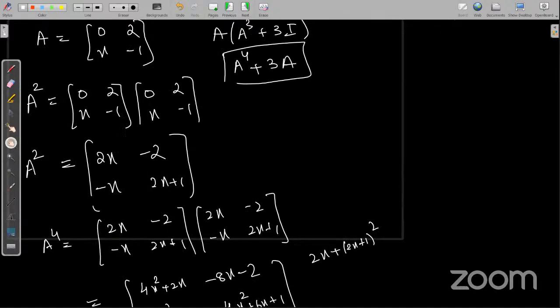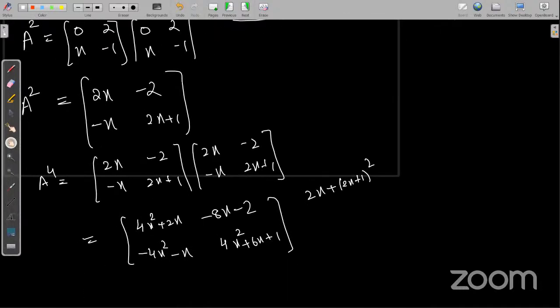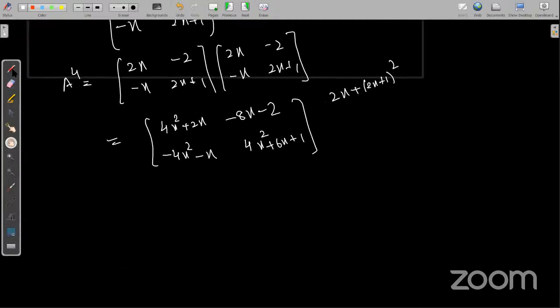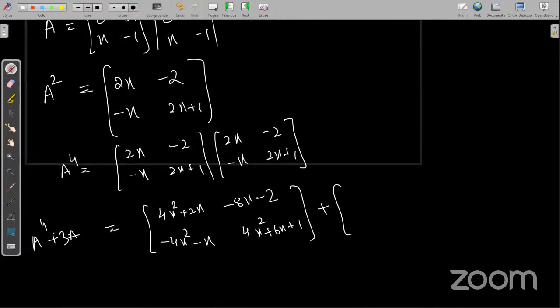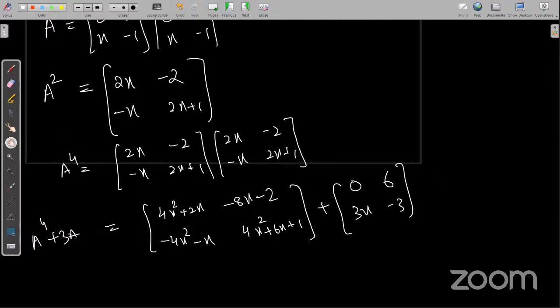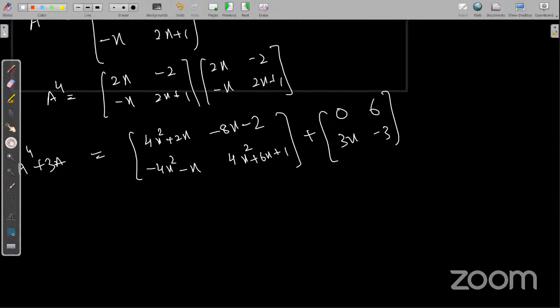Now A^4 plus 3A. Here itself I'm writing it. What is 3 into A, guys? What is A? First of all, [0, 2; x, -1]. So it is [0, 6; 3x, -3]. Okay, this is what we got. So come on, what are we getting?